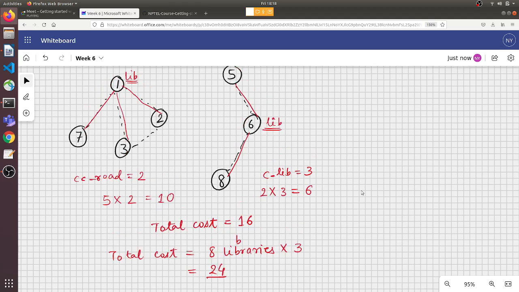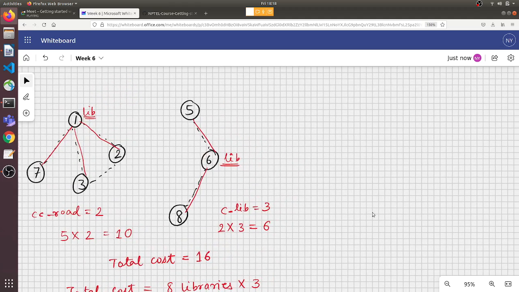Another way is that, let's say we construct the library... no, this is fine. What could be the other way? No, I mean, unoptimal solutions, there are many possible.